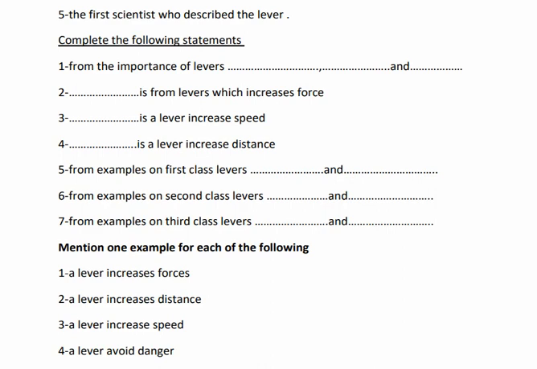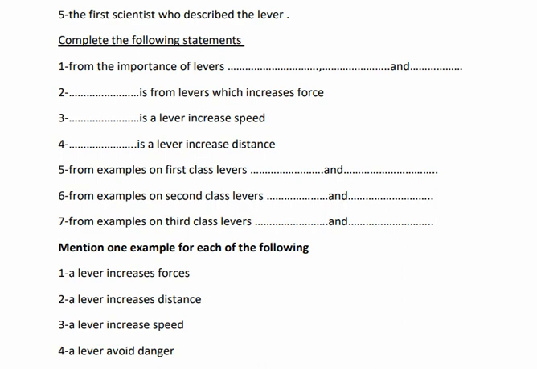Number 2 is from the levers which increase force: crowbar, nutcracker. Hockey bat is a lever that increases speed, as a manual broom is a lever that increases distance. The answer is manual broom.